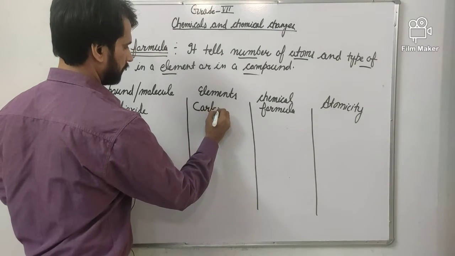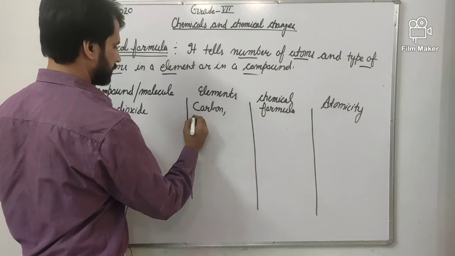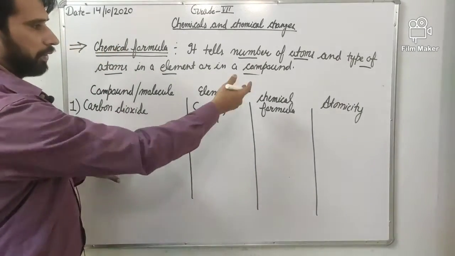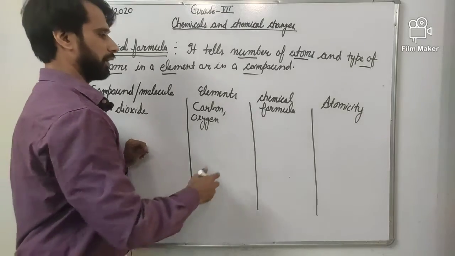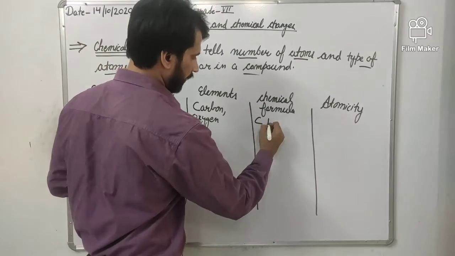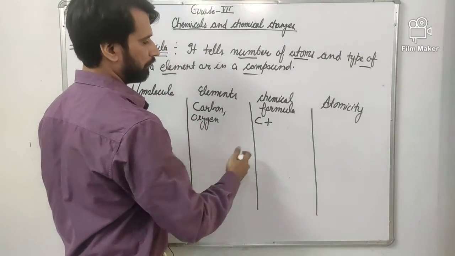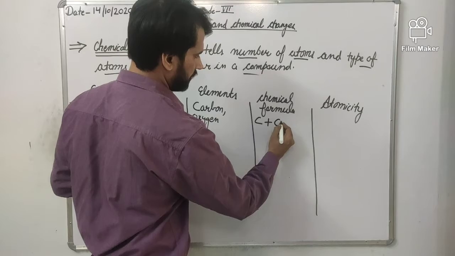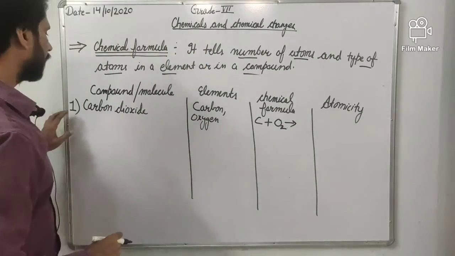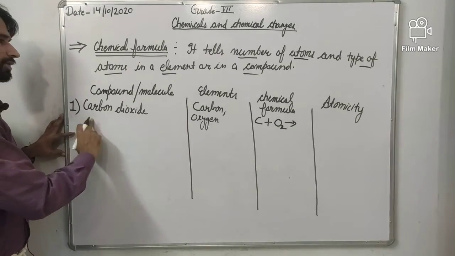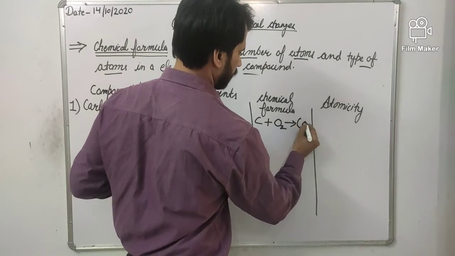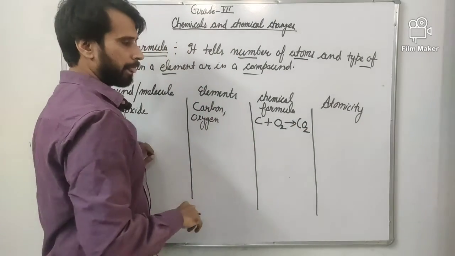Carbon, and the second element is oxygen. Now the chemical formula of carbon dioxide. When one atom of carbon and 2 atoms of oxygen, O2, combine, they will form a compound or a molecule, carbon dioxide, and the formula is CO2.